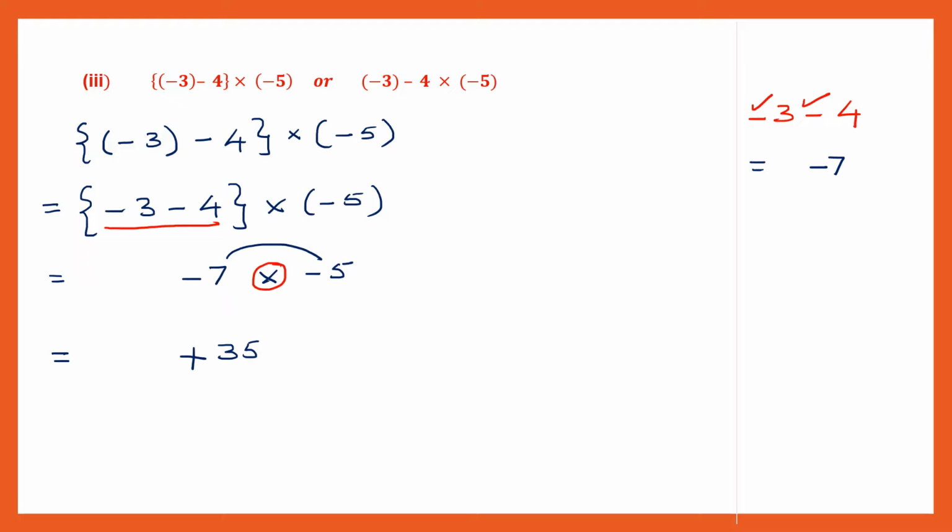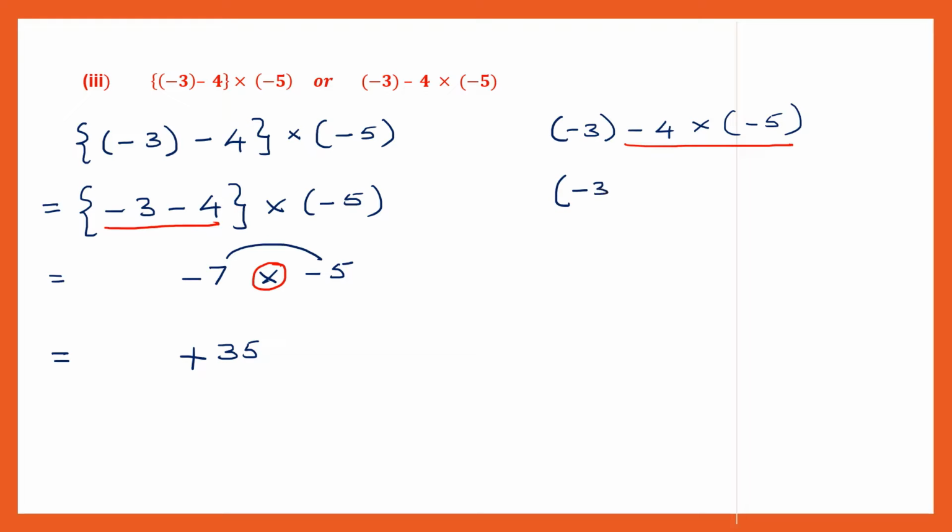Now let's work out what is on the right hand side. Here I have minus 3, minus 4 into minus 5. So according to BODMAS, we need to work out multiplication first. That means I need to work out this first. Multiplication, that means minus 3 will remain as it is. So let me write minus 3 as it is.